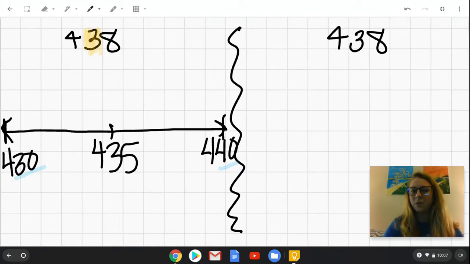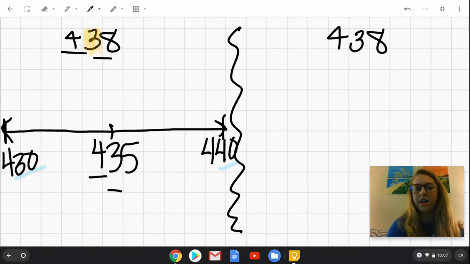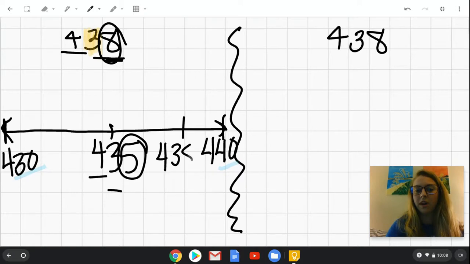The way I'm going to do this, if I compare numbers, I see my 4, my 3, and now I have to compare this 8 and this 5. Well, in 438, 8 is bigger than 5, so I know it's going to fall closer to 440. If I wanted to, I could do 10 tick marks instead of 438.